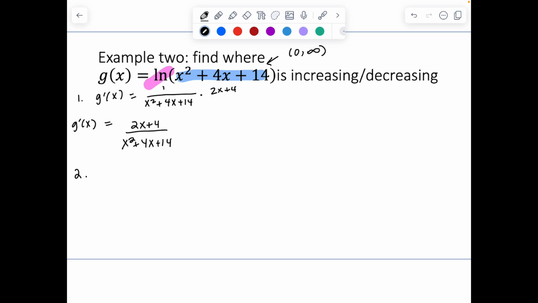First way to find the critical points is where does the derivative not exist? So if I were to divide by 0, there would be an x value where this function doesn't exist. However, I'd like you to picture this function. Just picture the quadratic, ignore 2x plus 4, just picture this part right here. 14 is the y-intercept, so that means our graph is going to go through 14.